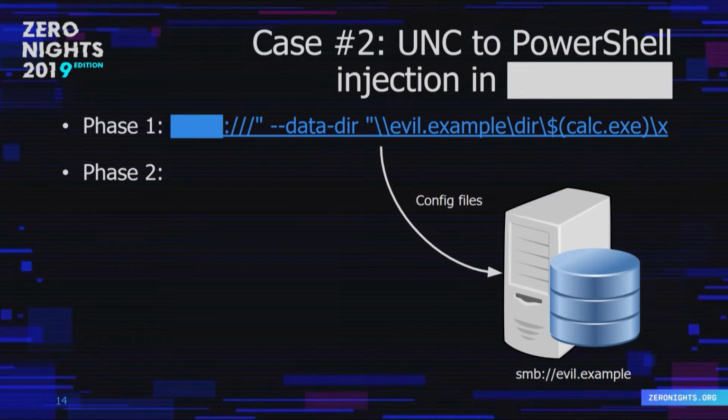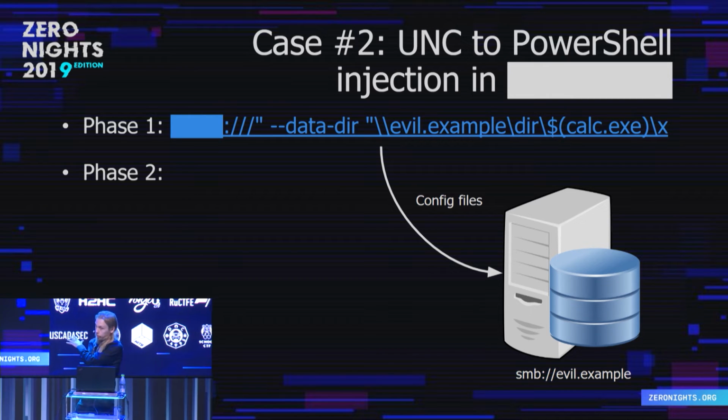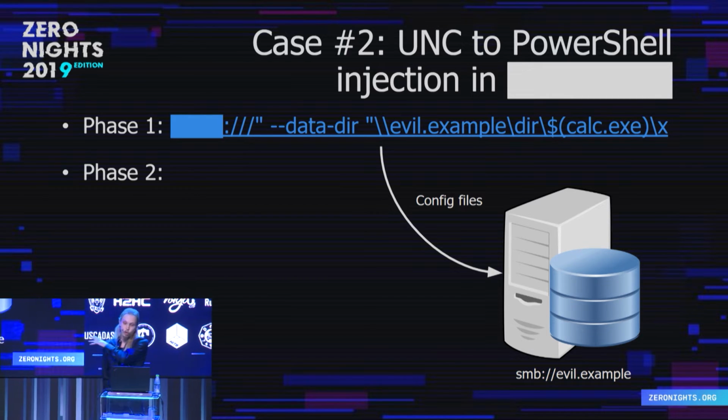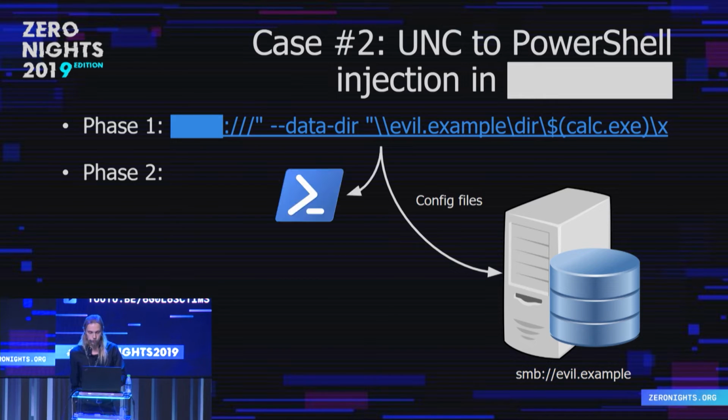So when a user clicks on this link, config files are being loaded and written into, but there's no actual injection there or anything like that. Only if it can't write the config files, then the application crashes. So the server still has to be there, but there's no injection happening there.